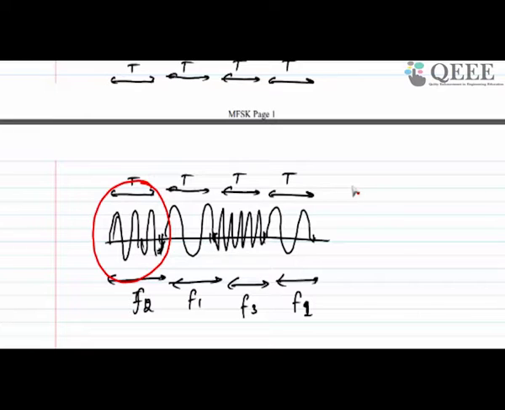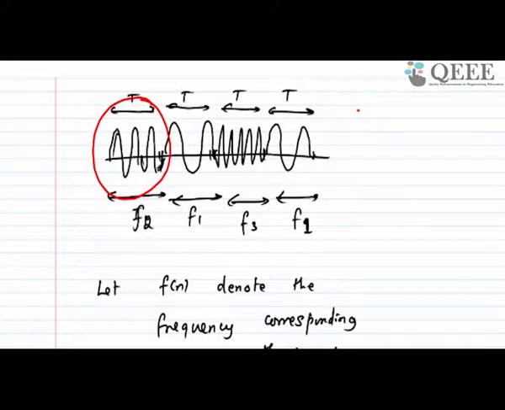So for instance, if these frequencies are very close by, if one of them is 100 hertz, the other one is 101 hertz, 102 hertz, 103 hertz, they are all very close by, then it may be difficult to differentiate them in, say, 1 millisecond.